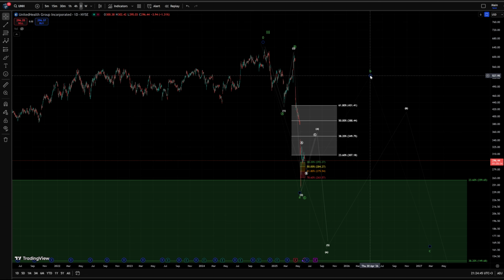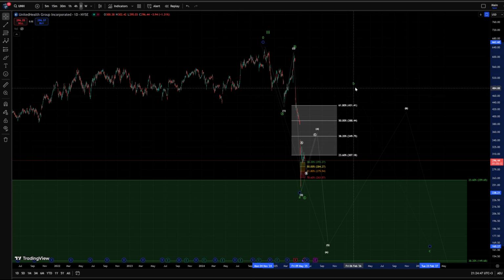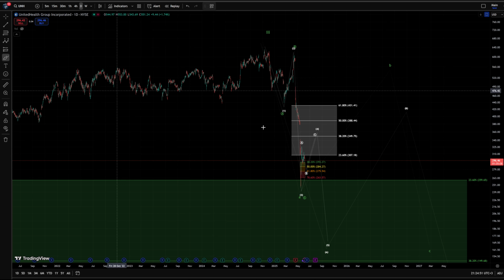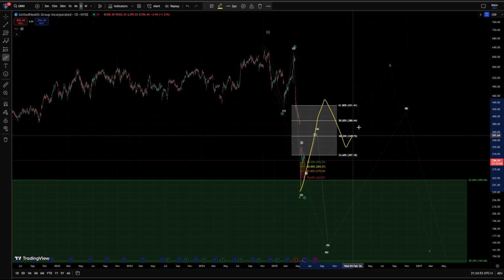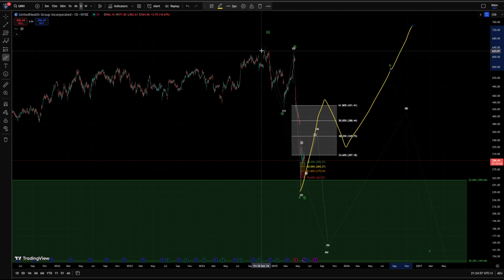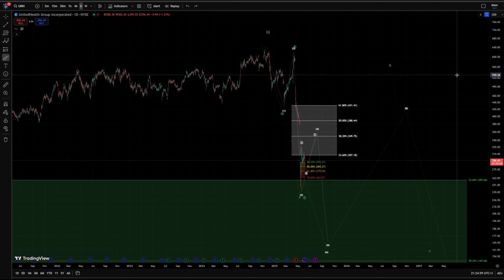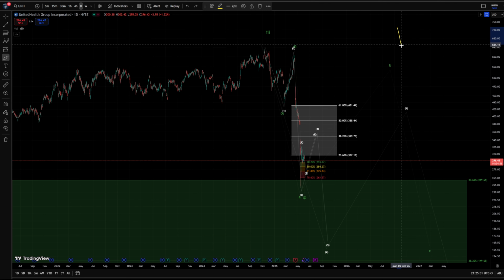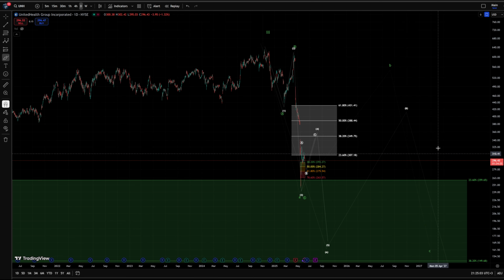But it's also possible that we only finished wave A, and now we would be coming up in wave B, where we would form a larger A, B, C. That could actually even surpass the high here. And then it would still take us lower in wave C.